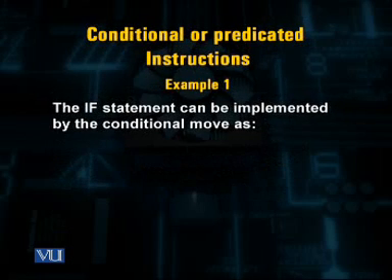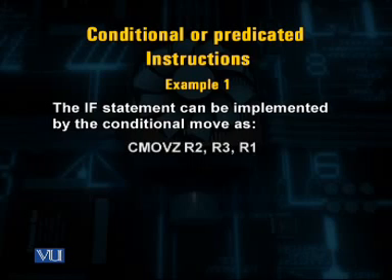Now the if statement can be implemented by using the conditional move instead of using this branch instruction and the add instruction. The equivalent conditional move instruction is, as shown over here, CMOVZ R2, R3, R1.